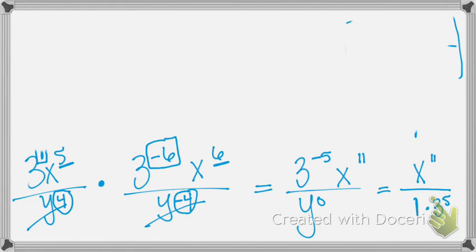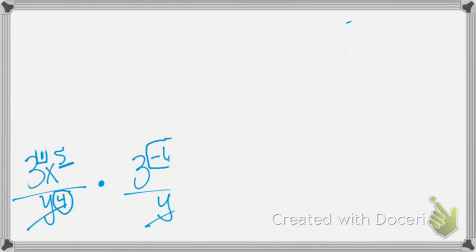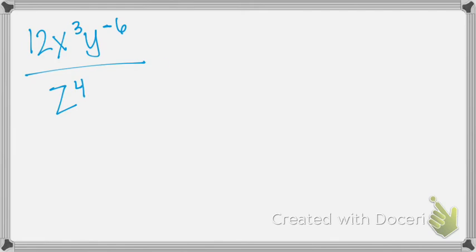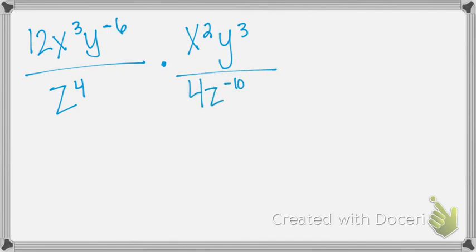Now, for the next one, for E, 12x cubed y negative 6 divided by z to the 4th times x squared y cubed over 4z negative 10.